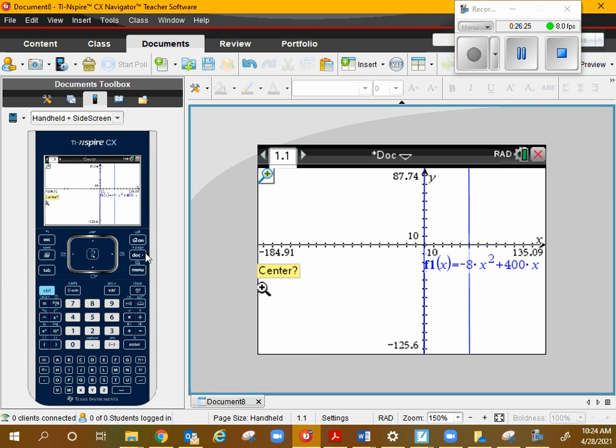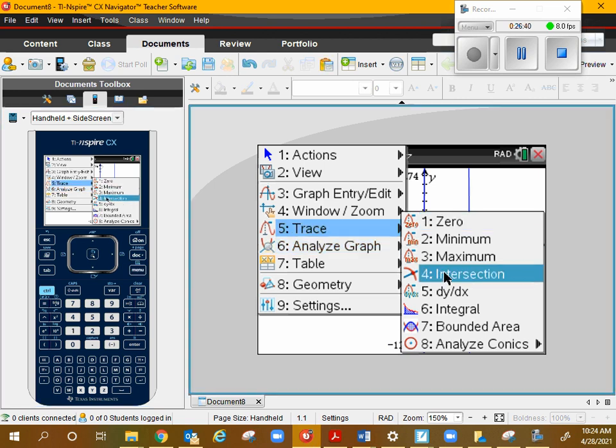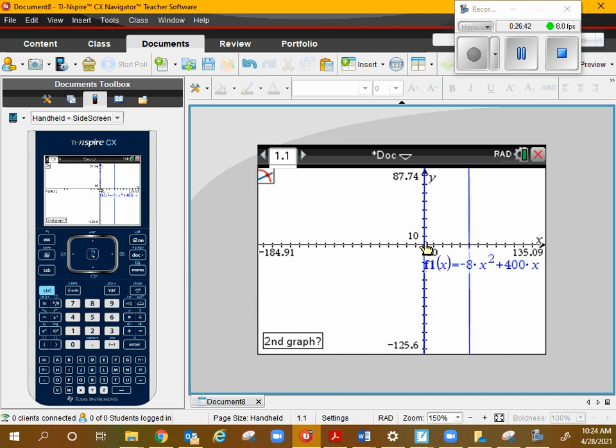All right, so now go to Menu, and we're going to analyze the graph again. What part would be the zeros? What do you think I would click? Intersection. And you just have to find it. No, Menu.